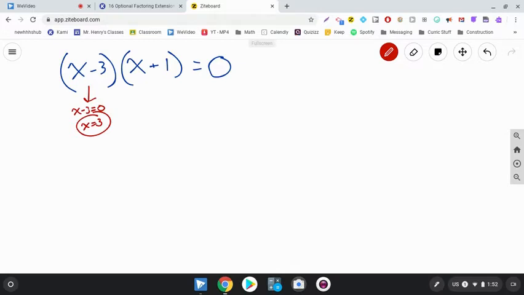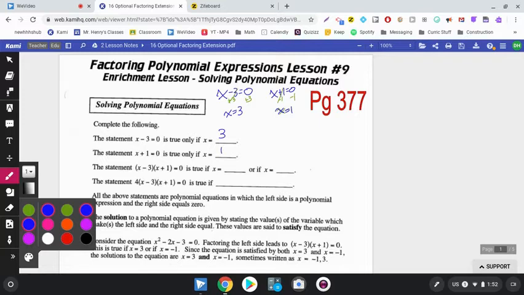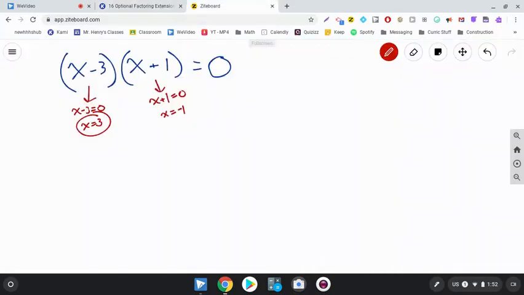Or the other thing I want you to look at is, well, what if this part were equal to 0? Which we already solved as well. It was x equals negative 1. I solved that wrong on the first page. Let me correct that. Sorry, that's supposed to be a negative 1. Well, that would be an opportunity where the whole thing equals 0.